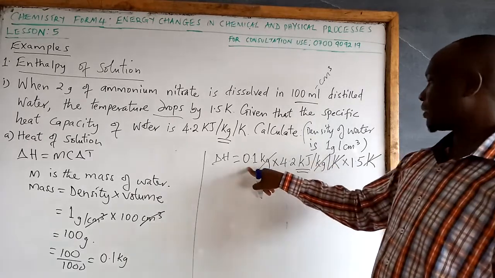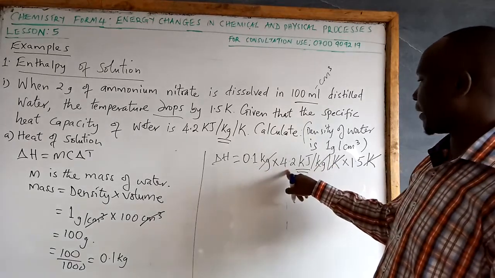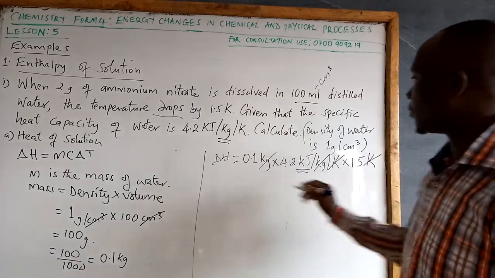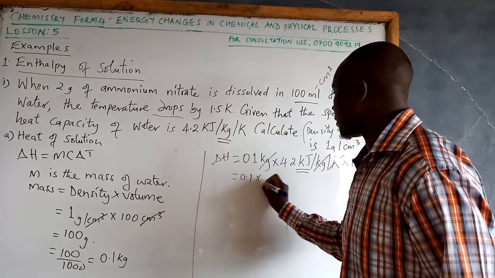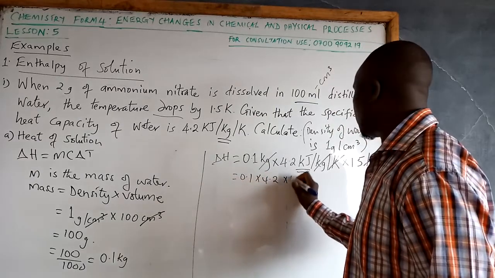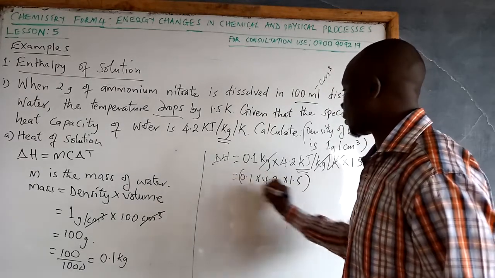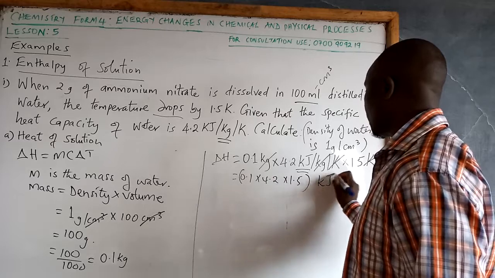So we take 0.1 multiplied by 4.2 multiplied by 1.5, and the answer will be in kilojoules.